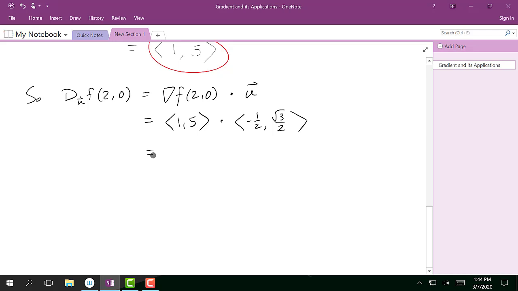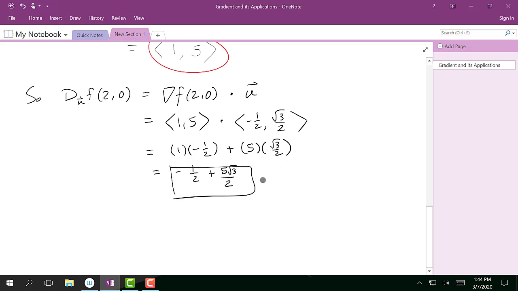So when we do this, we multiply component-wise. We get 1 times negative 1/2 plus 5 times root 3 over 2. We get negative 1/2 plus 5/2 square root of 3. Or probably we'd like to write it more like 5 square root of 3 over 2. Okay, so that's going to be all for that question.